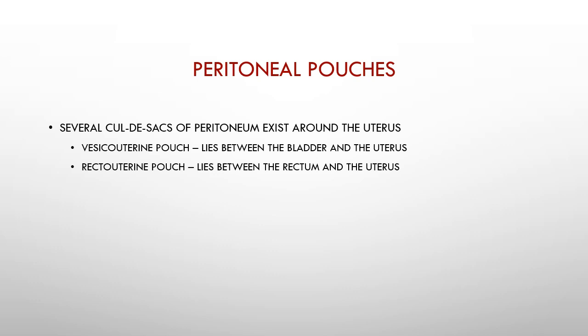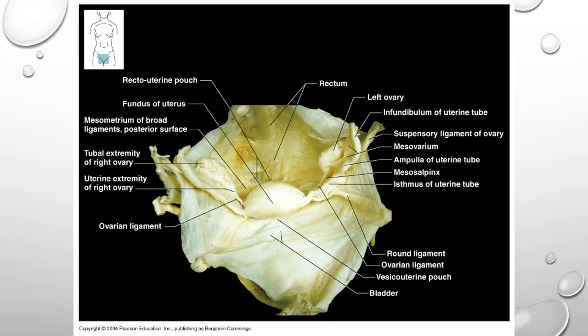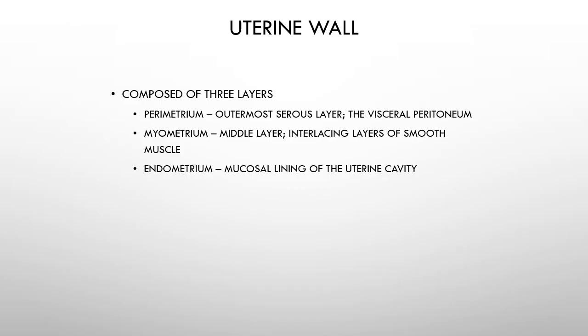And then we have a vesicouterine pouch, which is in between the uterus and the bladder. It creates these little kind of wells, so to speak, in between there. So here we have the rectouterine pouch on the posterior side, the vesicouterine pouch on the anterior side. And this can be useful in things like trauma, as fluid will tend to collect down in those particular areas themselves.